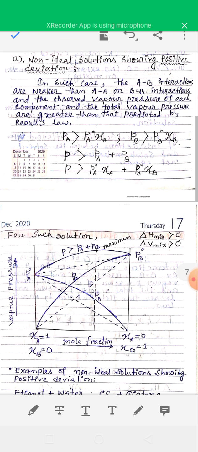The observed vapor pressure of each component and the total vapor pressure are greater than that predicted by Raoult's law.